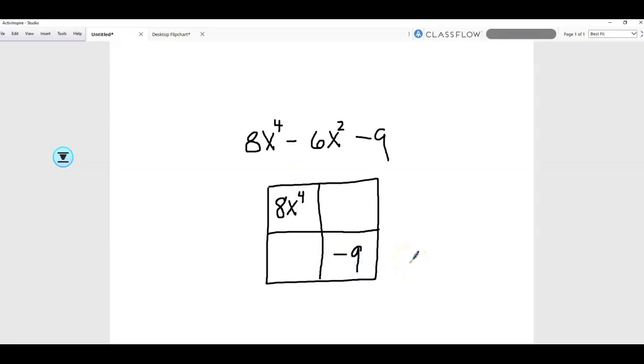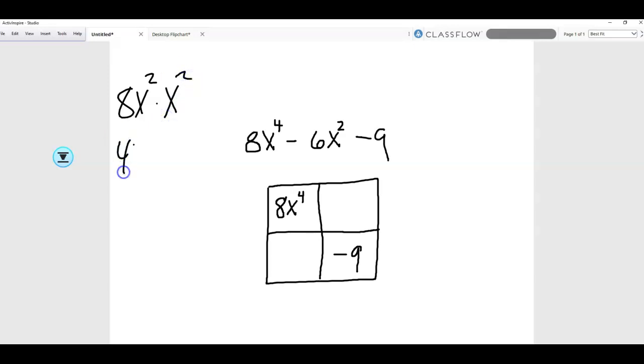All right, now let's go ahead and we'll do the next step, step 2. So see if you guys can do step 2. Now step 2 is a point in the game where you and I might have some different outcomes, okay? So maybe you decided you want to do 8x squared times x squared.